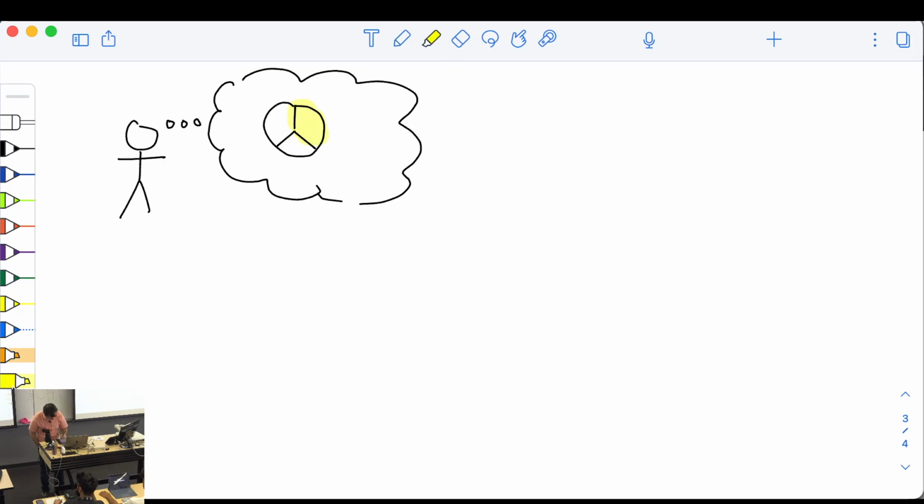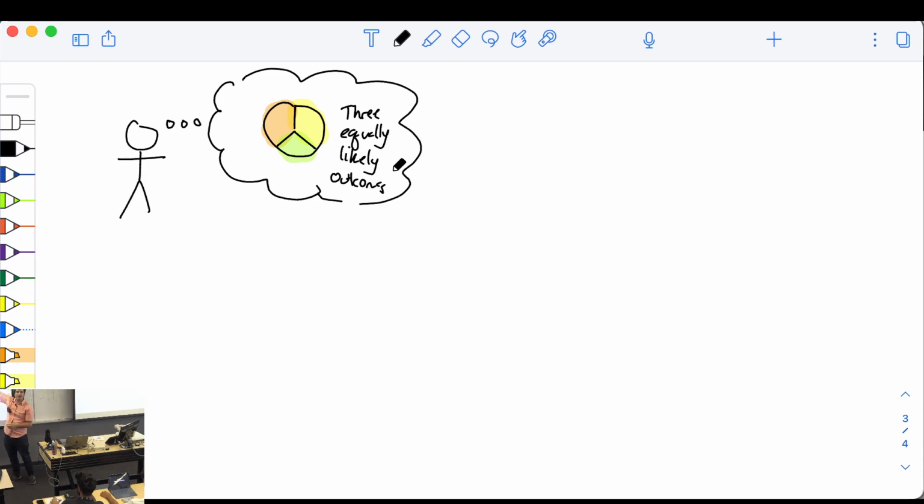Here's yellow, here's orange, and green, and I see the 3 equally likely outcomes. So I can see that the 3 parts of the spinner are all kind of interchangeable. In fact, if you like to think of symmetry, you can imagine all the 3 segments are symmetric with each other.